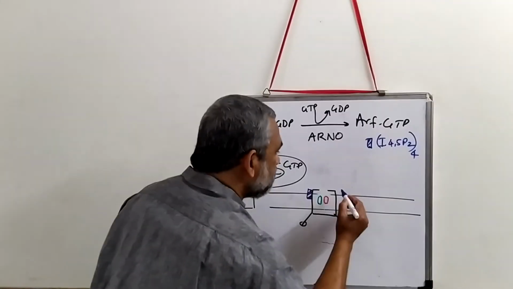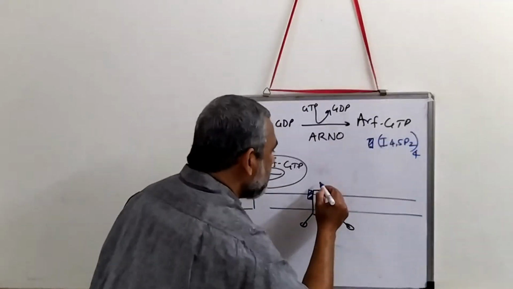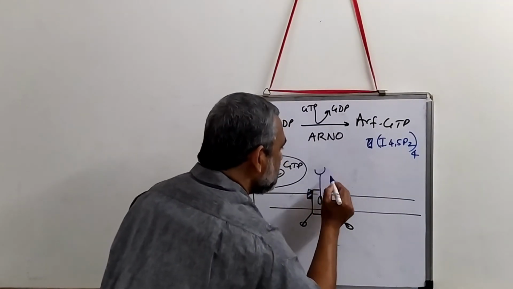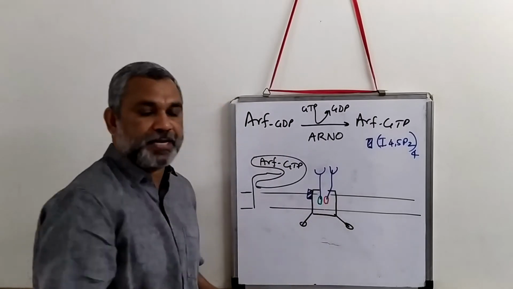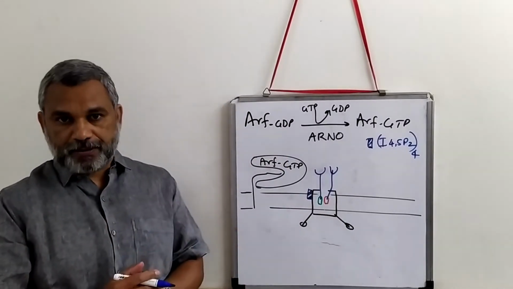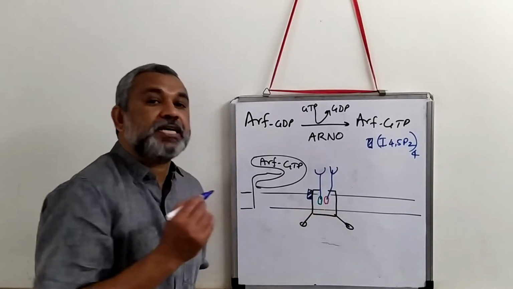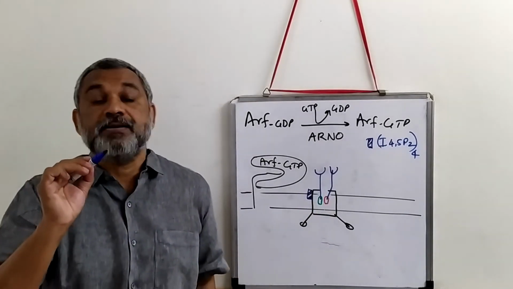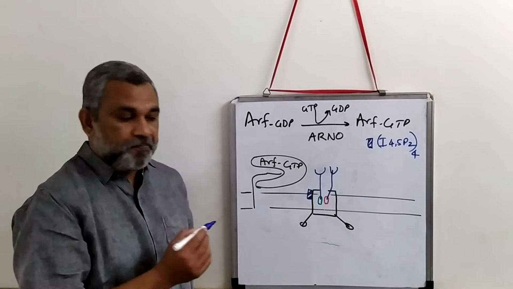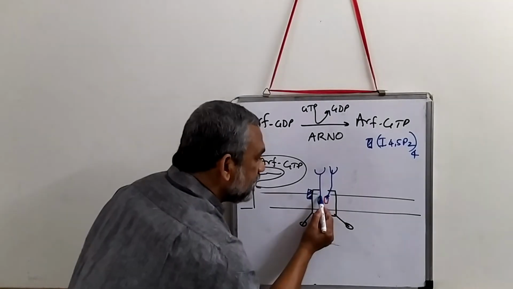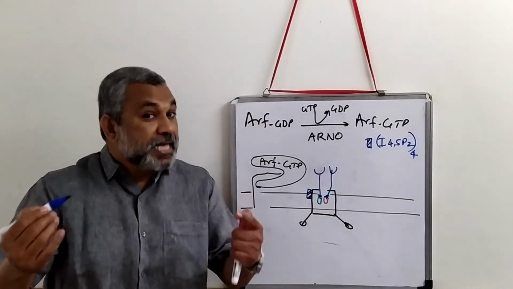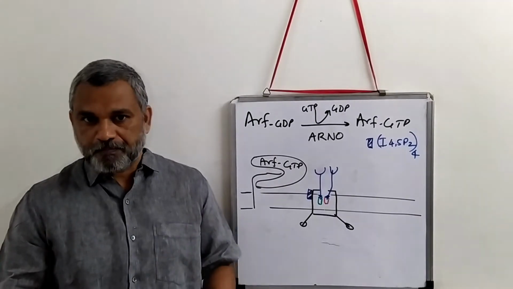Now the cargo receptor which is present in the membrane will bind to this. This is the cargo receptor, it is binding to the adapter protein. Now the cargo receptor has at the C terminus a tyrosine related signal. So this signal is detected and it binds to the sigma 2 and the mu 2.